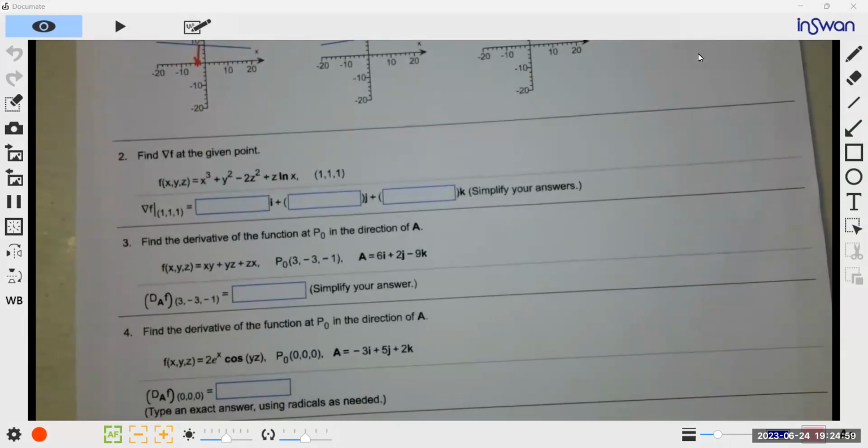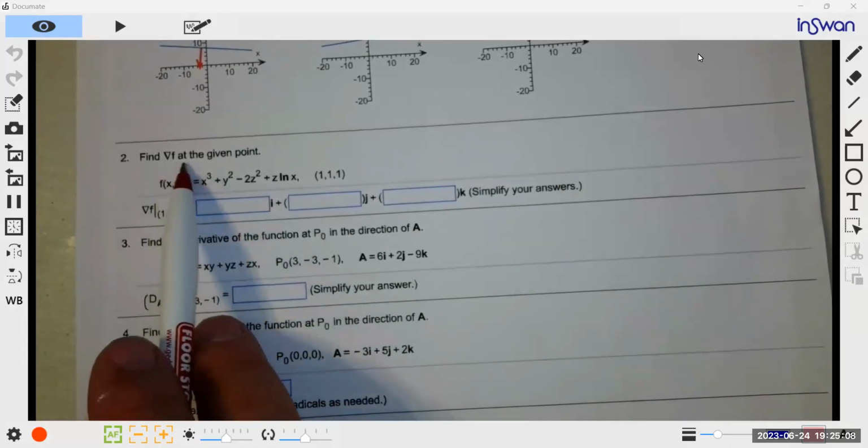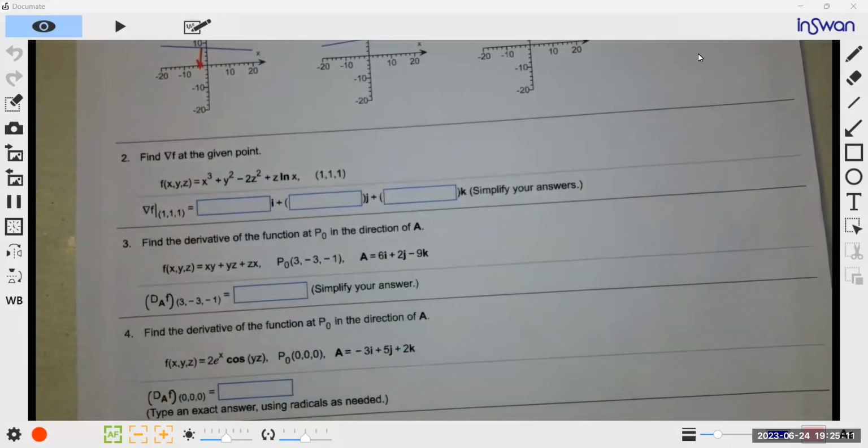Question number 2. Find del f at the given point.